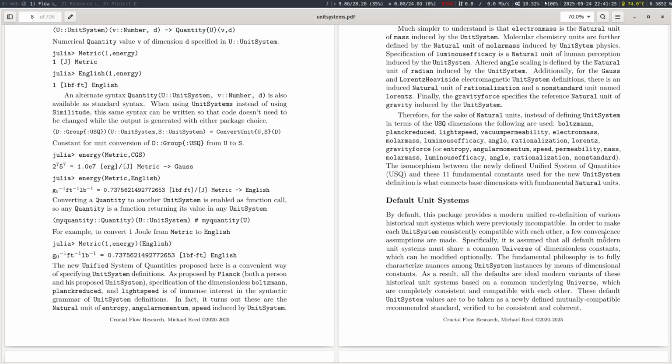The fundamental philosophy is to fully characterize nuances among unit system instances by means of dimensional constants. As a result, all the defaults are ideal modern variants of these historical unit systems based on a common underlying universe, which are completely consistent and compatible with each other. These default unit system values are to be taken as a newly defined mutually compatible recommended standard, verified to be consistent and coherent.